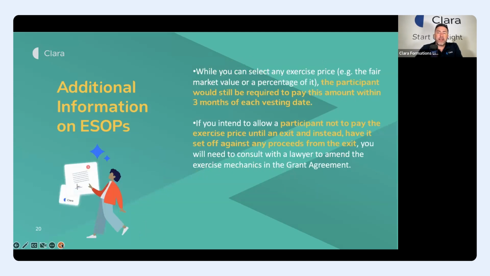Now, while you can select any exercise price, so sometimes you can do market value or a percentage of it, the participant would still be required to pay this amount within 3 months of each vesting date. Okay. Now, there are sometimes situations where people like to perhaps hold back the payment until maybe an exit, or pull it together until later. Again, most of the time, it's better for it to be paid, so offset from the salary.